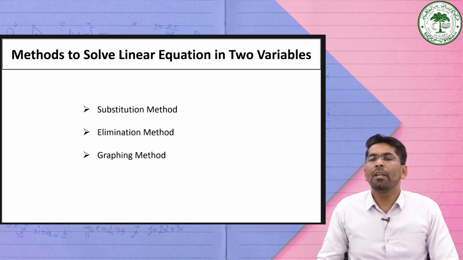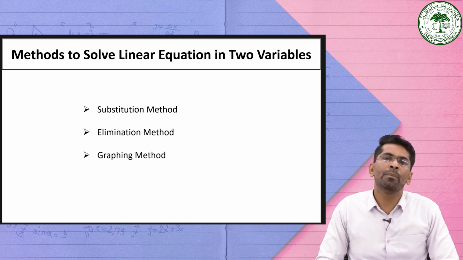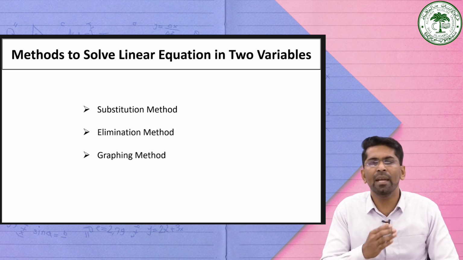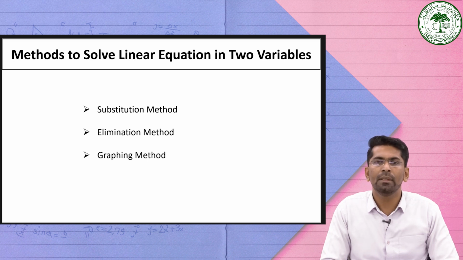Now, we have different methods to solve the system of linear equations with two variables. We have the substitution method, elimination method and graphing method. Besides that, many more methods are there.